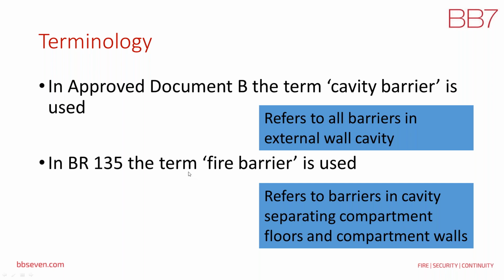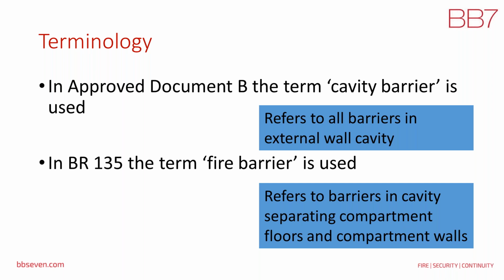This refers to fire barriers or cavity barriers where they are separating compartment floors and compartment walls. In BR 135, it doesn't really mention using cavity barriers at edges to openings on the facade, which includes windows and doors. But it does mention barriers in relation to compartment floors and compartment walls. So it uses the term fire barrier.